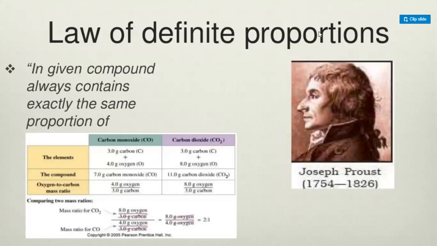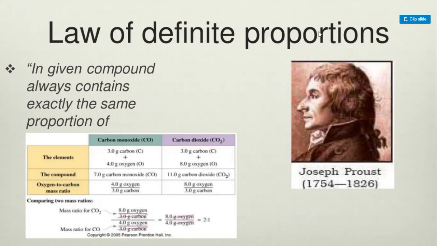The second one is the law of definite proportion. A given compound always contains exactly the same proportion of elements. It means that if you calculate the proportion of reactant and product, it will be the same. For example, 3.0 gram of carbon reacts with 4.0 gram of oxygen and forms 7.0 gram of carbon monoxide.